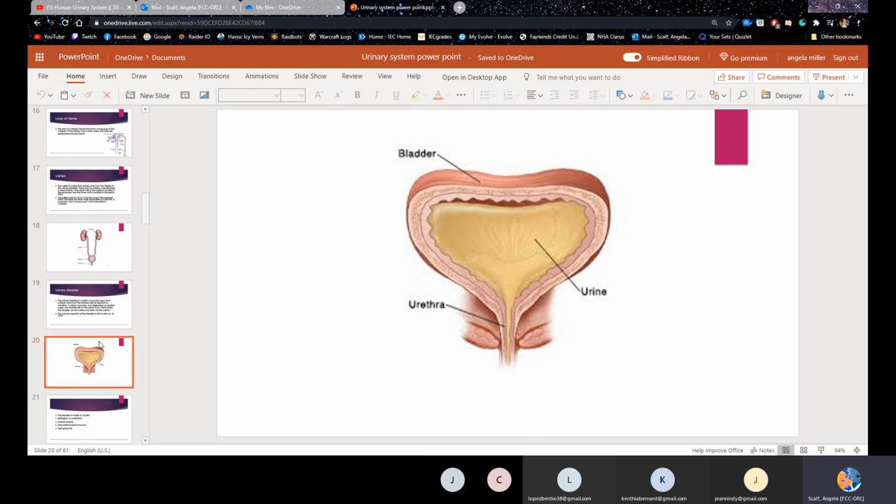Now, if you've ever had a urinary tract infection, or if you were pregnant with a large child, you will know that this little muscle doesn't necessarily work as well as you want it to after having a large child or a urinary tract infection, because it can get weakened over time.